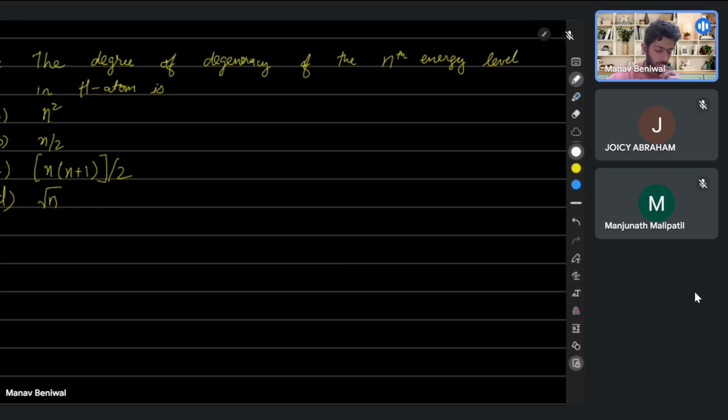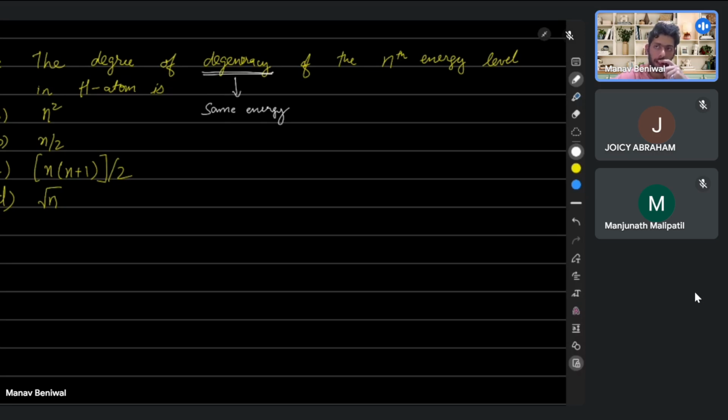First of all, what do we mean by degeneracy? Degeneracy means same energy. So two levels are degenerate if the energy of both the levels is same.